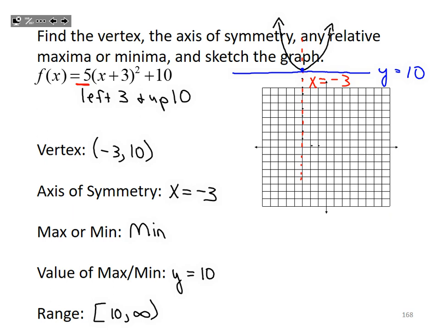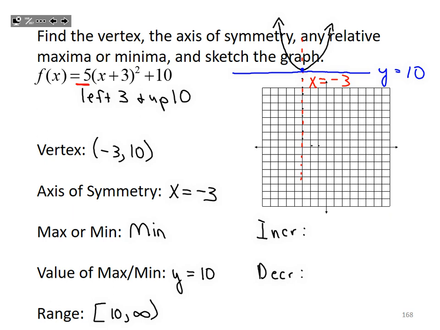Now, some other questions that they might ask you. So let's talk about just a couple other questions that they might ask you. One other question that you might get asked is where is this function increasing and decreasing, which again, we've talked about previously, but it's just kind of putting everything together in terms of what we've talked about up to this point in the class. So if I'm looking at where this function is increasing or decreasing, I am now looking at using my x values.